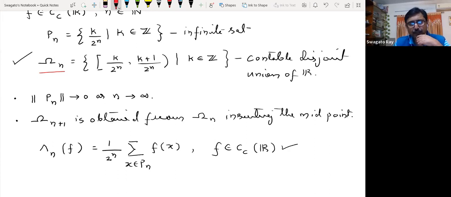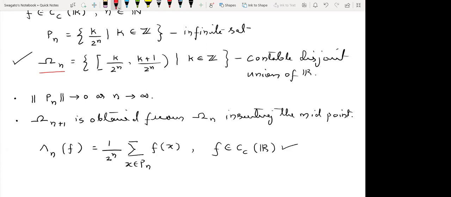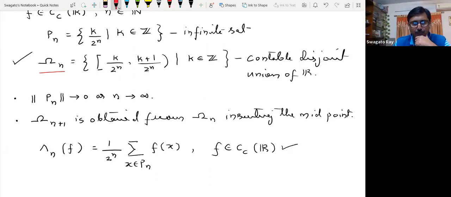I have to evaluate the function at some point of the subinterval, then multiply by the length of the interval, correct? Yes, sir. Now, the length of the interval is always 1 by 2 to the power n, doesn't matter which point it is, because I'm keeping n fixed. Correct?